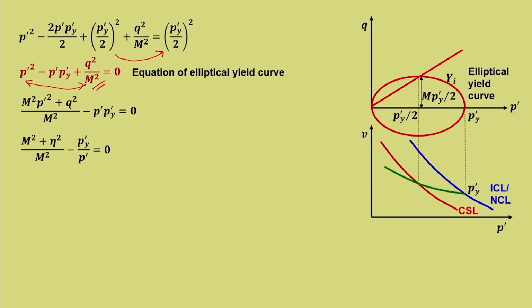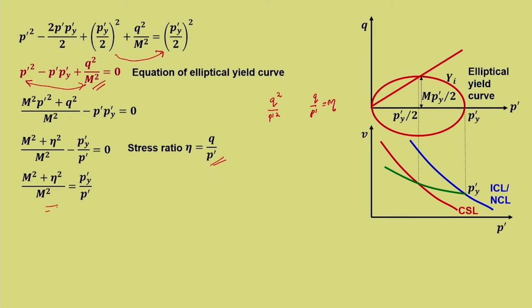Now, if we divide it by p dash square, we can write m square plus q square by p dash square, where q by p dash is equal to eta. Then it will become m square plus eta square upon m square minus p dash y upon p dash equal to 0, and the stress ratio eta is equal to q by p dash.